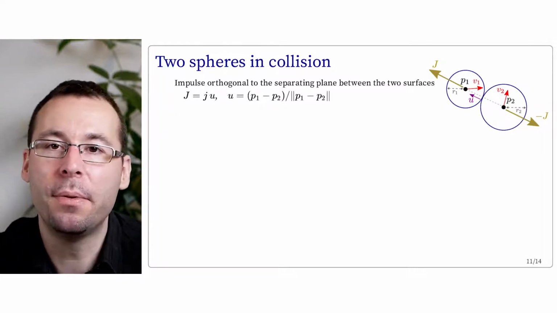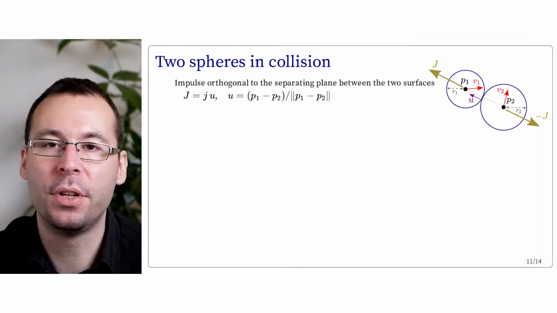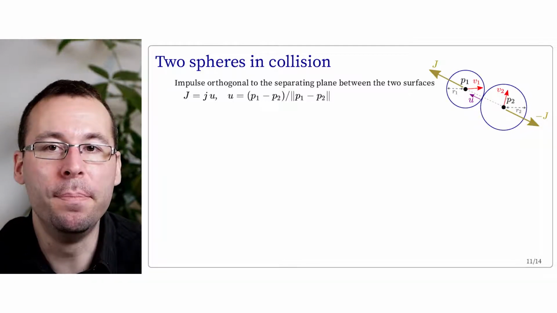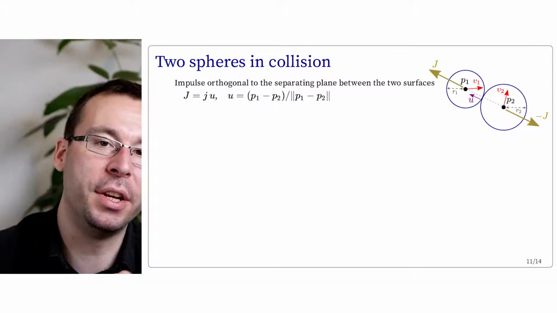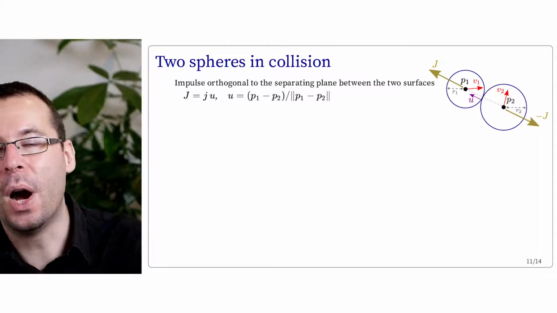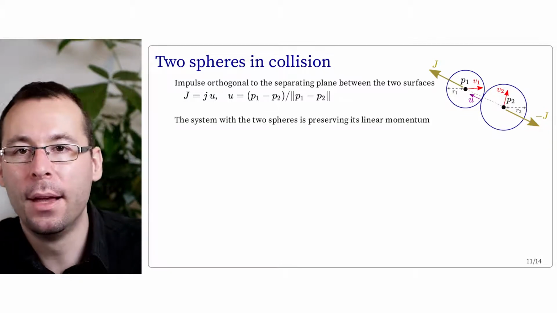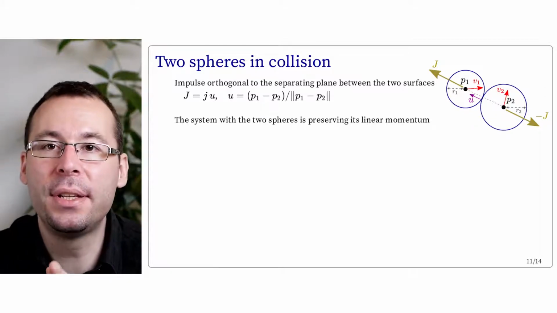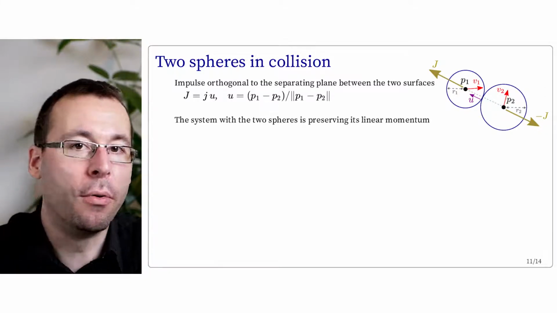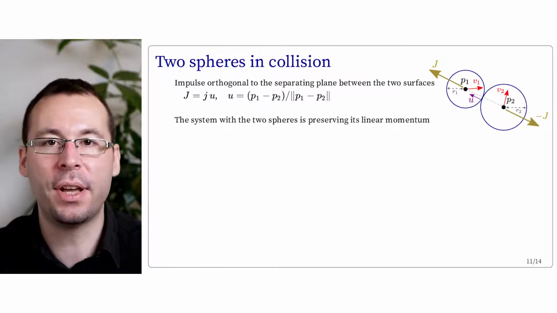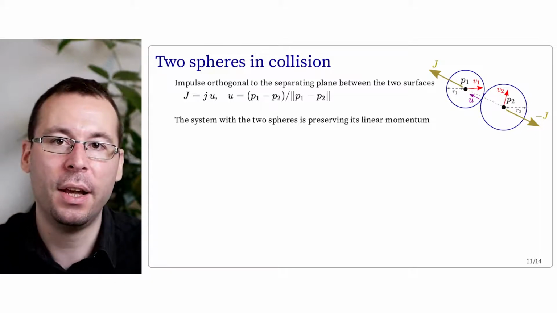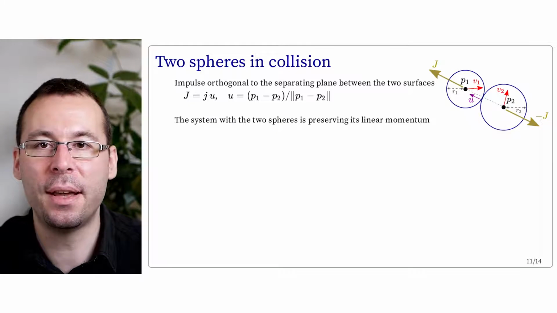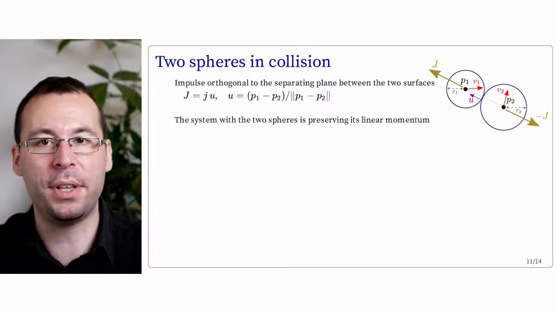So now we have to find the magnitude of this impulse J. Or more precisely, the impulse J1 and the impulse J2 acting on the sphere 1 and 2. So now let's consider the two spheres as a unique system. If there are no other collisions, it's an isolated system before and after the contact. And as an isolated system, its linear momentum is preserved.